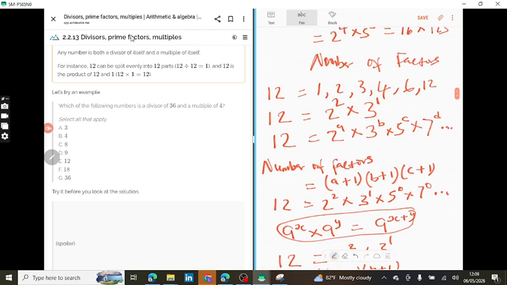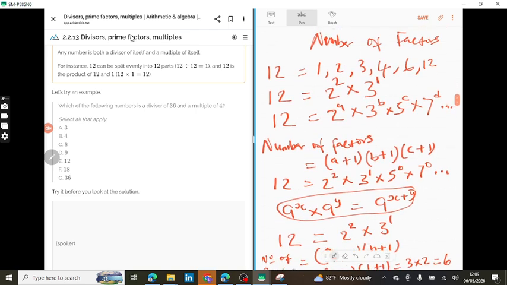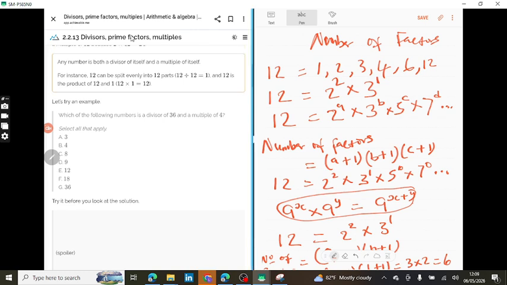Number of factors: see that A plus 1, B plus 1, C plus 1. And what is this A? You see again, with the example of 12, 12 is 2 raised to the power 2 times 3 raised to the power 1, which we can also say, let's identify these powers with A, B, C, D.